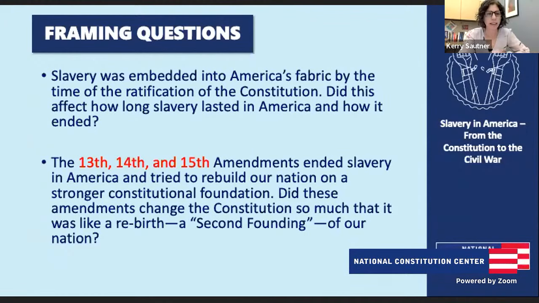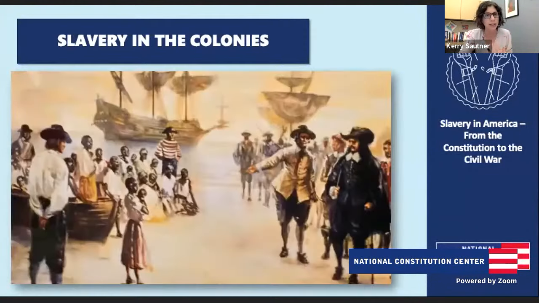Awesome, fantastic. Now we have a lot to dive into and a lot to cover in this time period, but let's begin with almost embedded into the fabric of America. And we have to start before the Constitution to do that. And when we look at slavery in the world, which we won't be diving into today, we also need to look at slavery in the colonies and how it was different in the colonies than it was in other places in the globe or had been in the historical past of humankind.